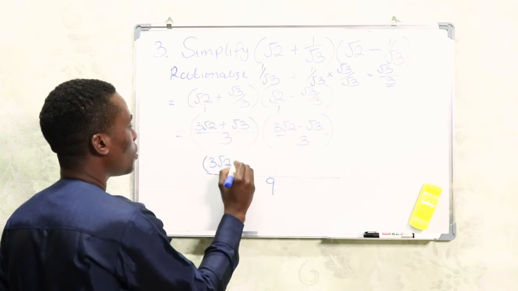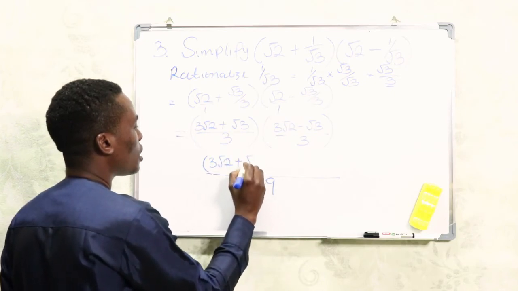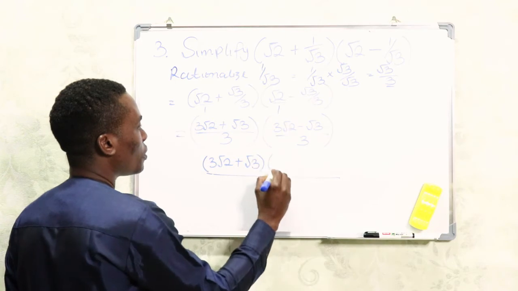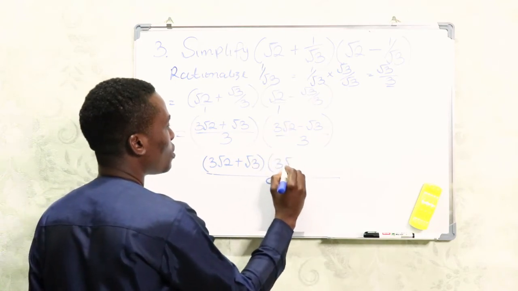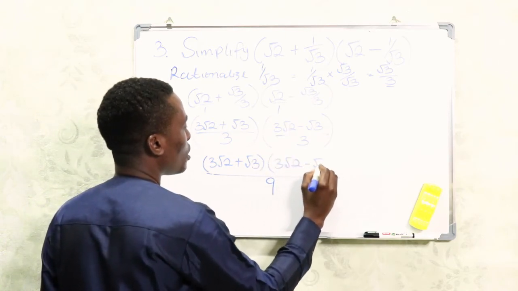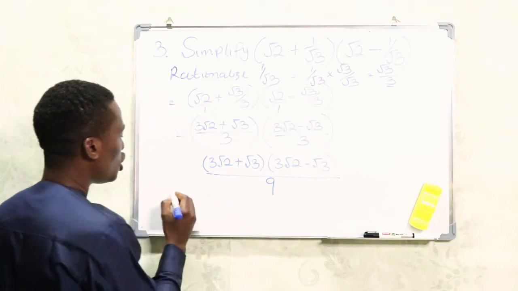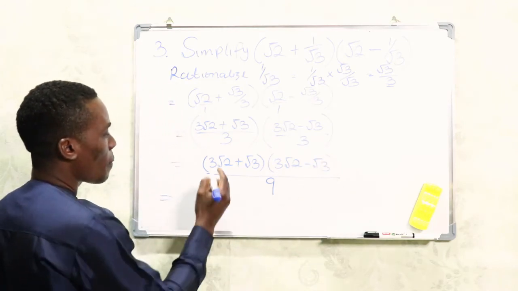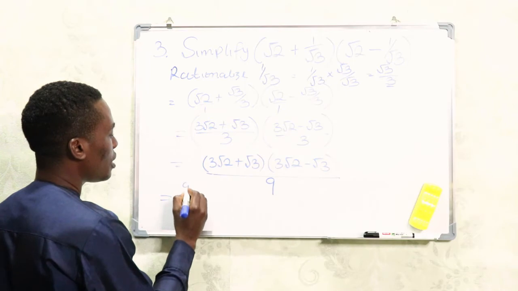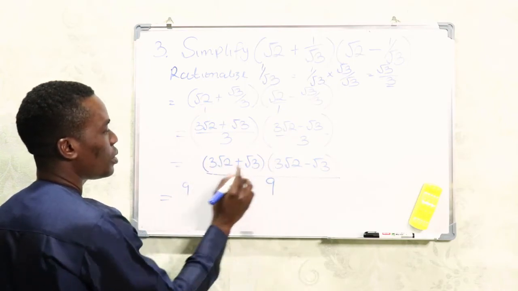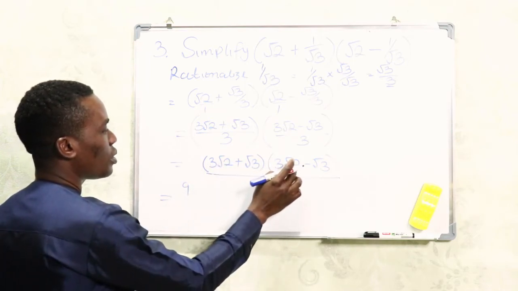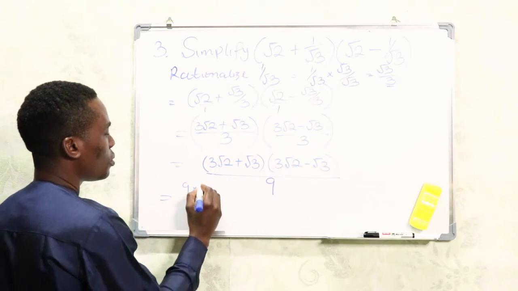That will give you 3 root 2 plus root 3, multiplied by 3 root 2 minus root 3. So this will now give us this times this, that will give you 9. 3 times 3 will give you 9.